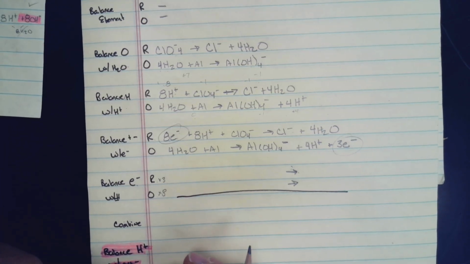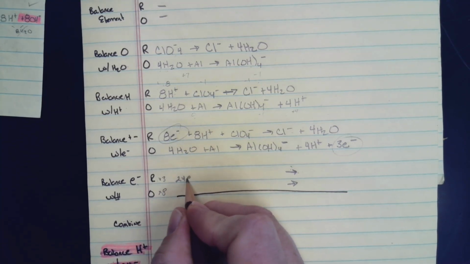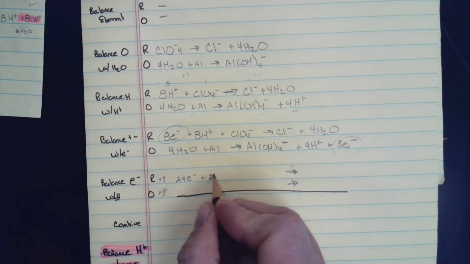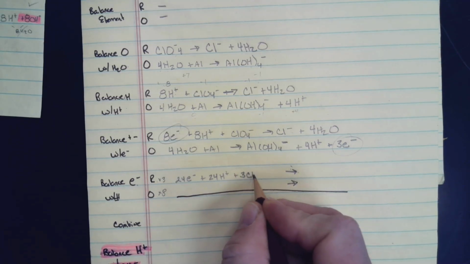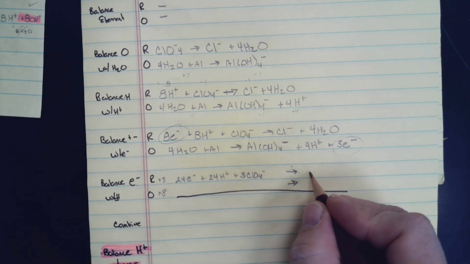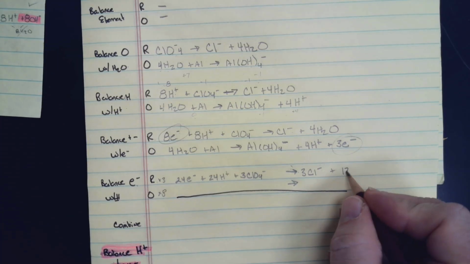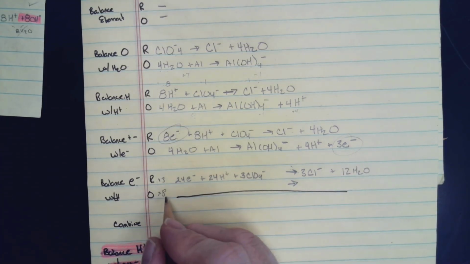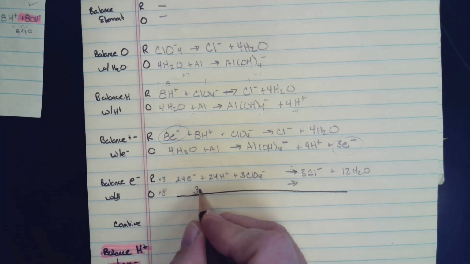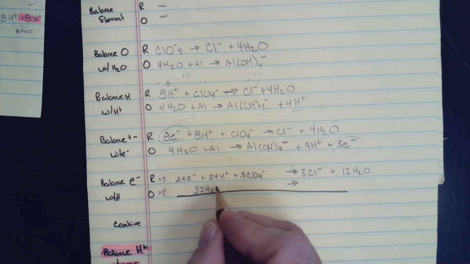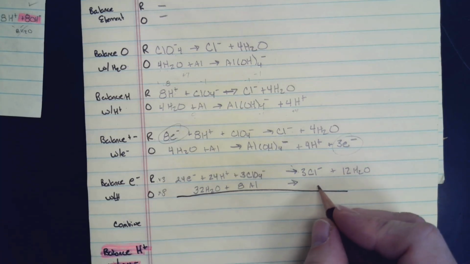Again, I'm just looking for ways not to make silly mistakes. So 3 times everybody, I've got 24 electrons, 24 hydrogens, and then I've got 3 chlorine ions, and now I have 12 waters. 8 times everybody, so now I have 32 waters, 8 aluminums.